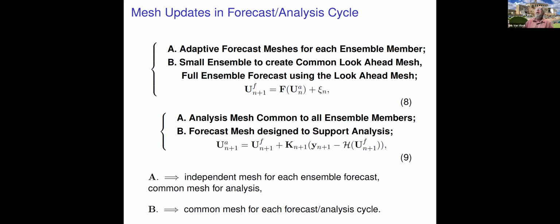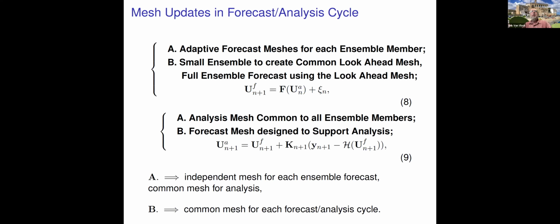In B, and this is what I'll describe a little bit today, we took a subset of our full ensemble and had them go out and sample what the behavior in the next forecast and analysis was going to look like. We take this small ensemble and create from it mesh density functions that we combine.